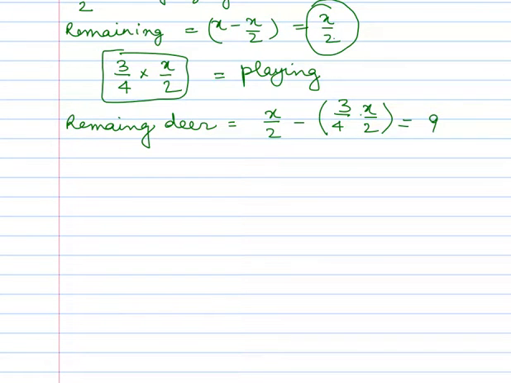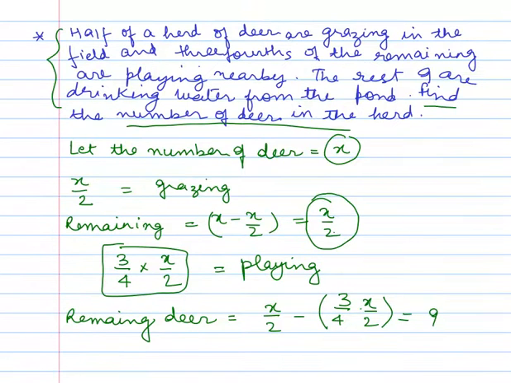See, the question says, we will look at it again. Half of the deer are grazing. Let's choose another color. There are x number of deer, right? These x by 2 are grazing.